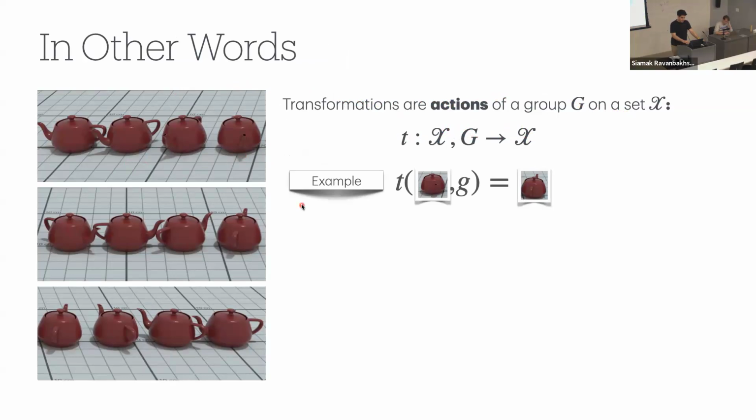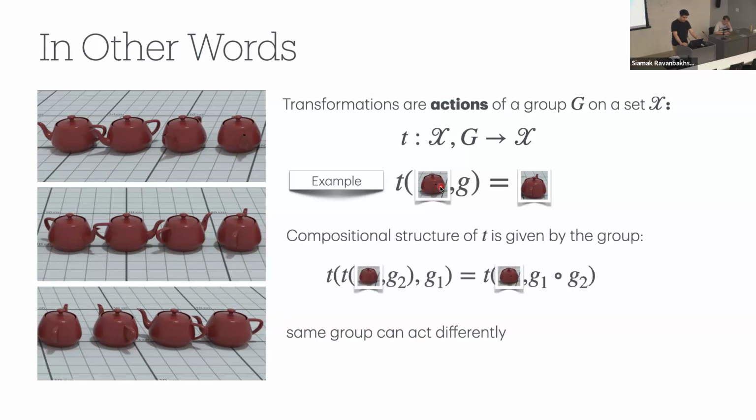In this case, the teapot is being rotated, so we have a rotation group. And the group is the abstract group of rotation, and it's acting by rotating the teapot along the z-axis. It could have acted differently. It could have rotated the teapot along the y-axis or rotated the lighting of the room instead, which means that the same group can act differently even on a single set.